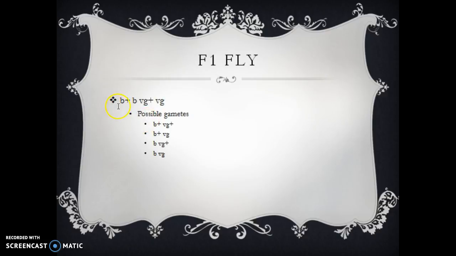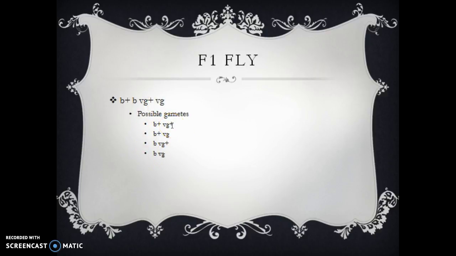If a fly happens to be B plus B and VG plus VG, the possible gametes could be B plus VG plus, B plus VG, B VG plus, or B VG. And we see those right down here.